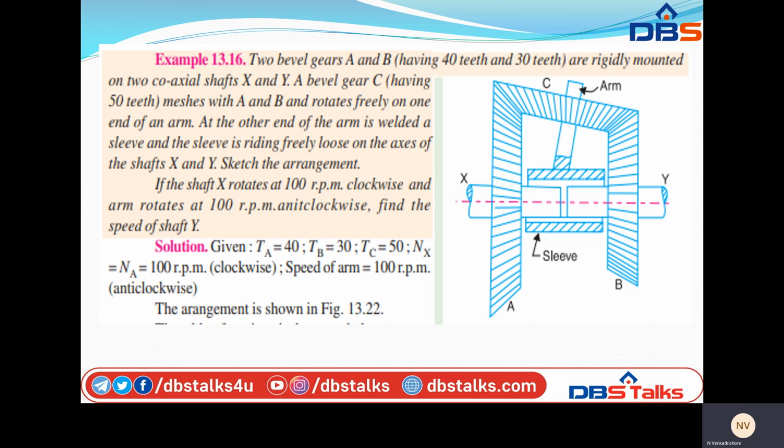Over that you need to place it, and then a bevel gear C having 50 teeth meshes with A and B. So one bevel gear is there and the second bevel gear, that is B, is there. These two are connected by another bevel gear, that is C. So A is vertical, B is vertical, and C is horizontal. So those two are connected by C.